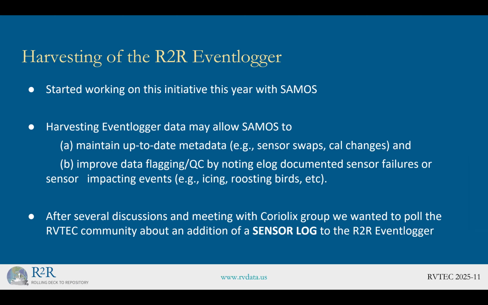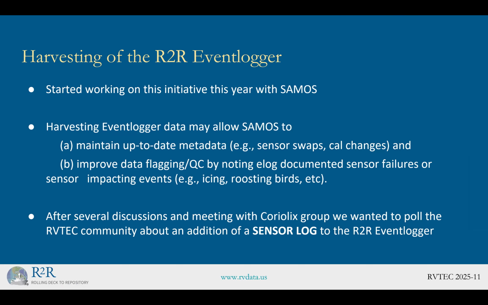Sean is going to talk a little later, but SAMOS will look at your met stations and your weather sensors and tell you, hey, something's wrong with this. Is there a bird sitting on the sensor? They'll look at the data daily, I think, and let you know if something's going on.